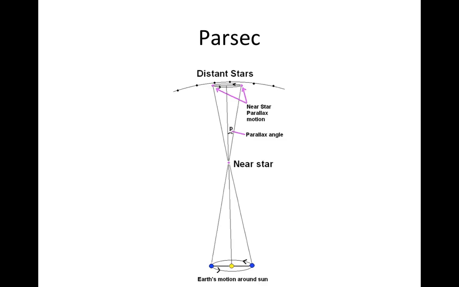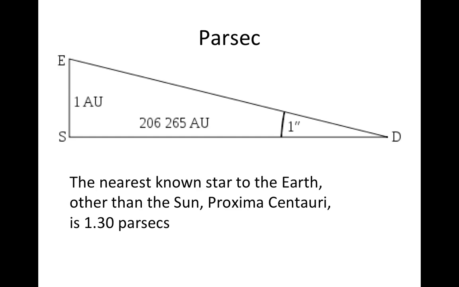Let's look at another graphic of the same effect. You can see here where the parallax angle is being measured. If this angle is 1 second, then the distance between the Earth and the star is 1 parsec. 1 parsec is about 206,265 astronomical units.